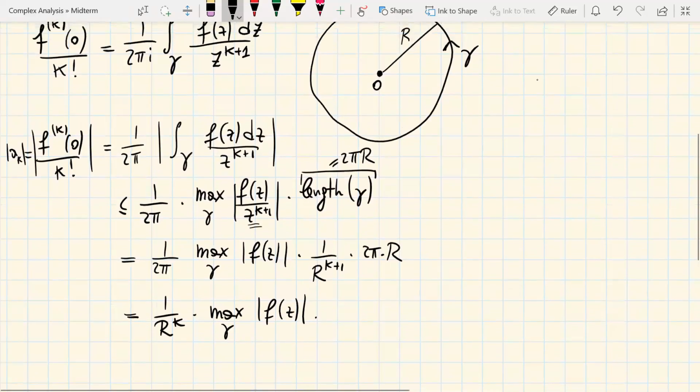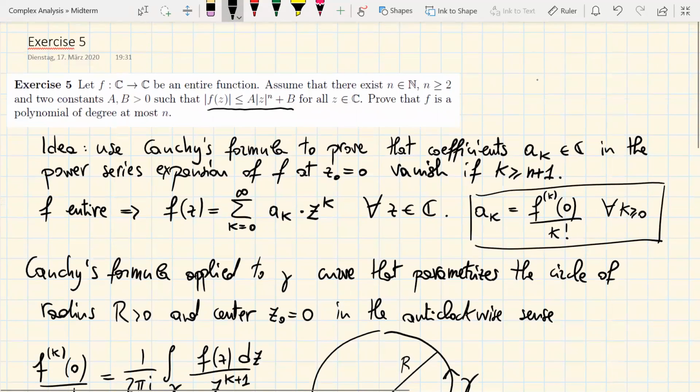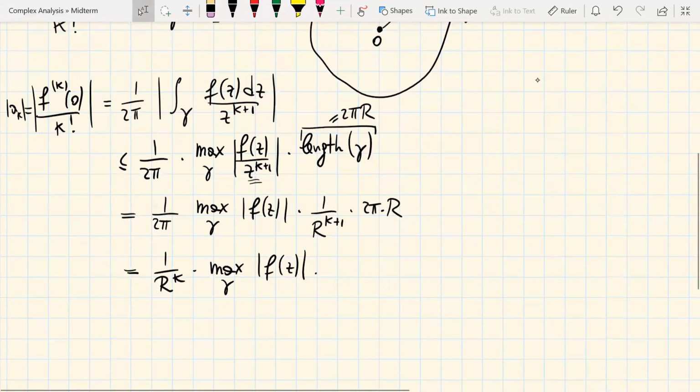Okay, and now we can use our hypothesis. So we know that this estimate here holds, and we can substitute it here.